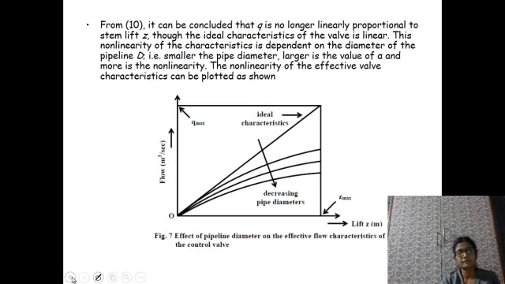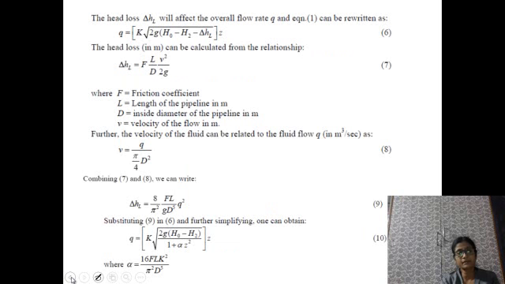That is the effect of effective characteristics. Initially the valve characteristics was considered as linear, but after consideration of the real system, that means the pipeline, the head loss due to fluid velocity, we are getting that Q, the flow rate, is no more linearly related with z, but there is a non-linearity.